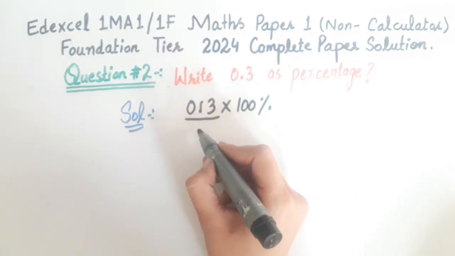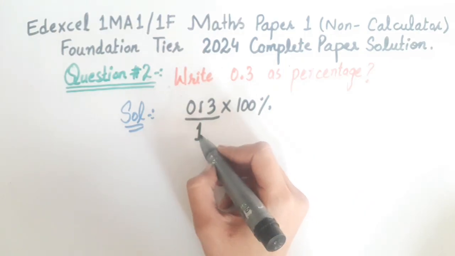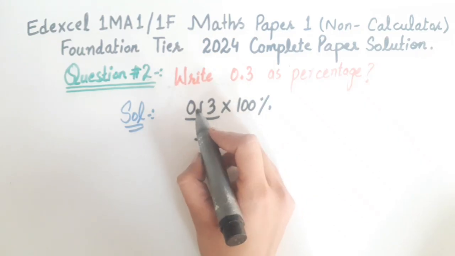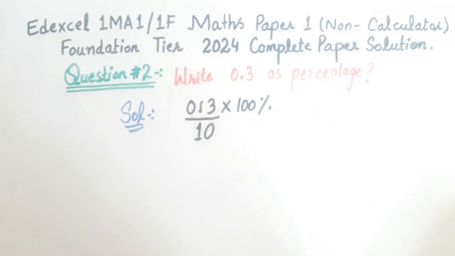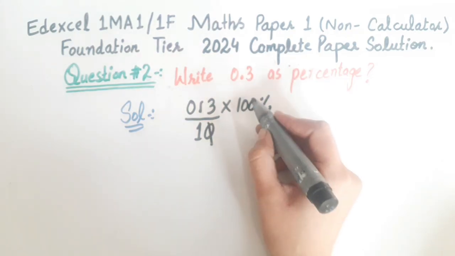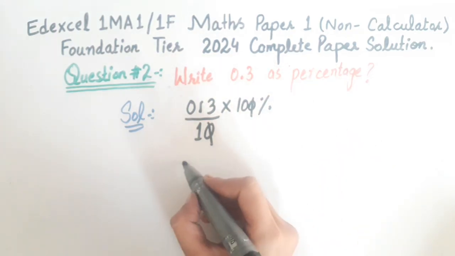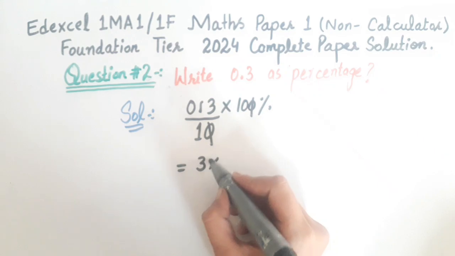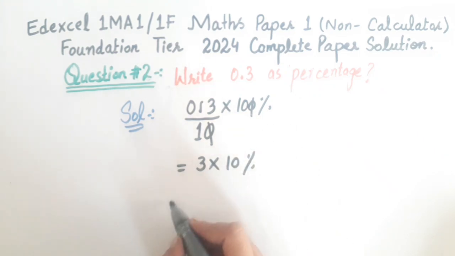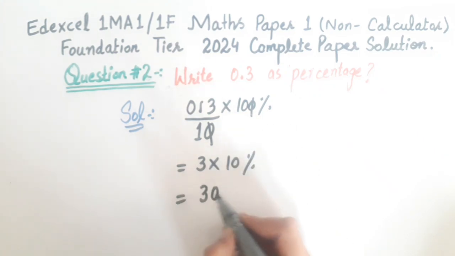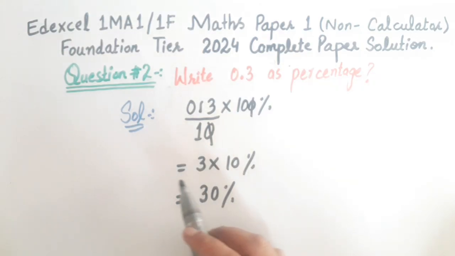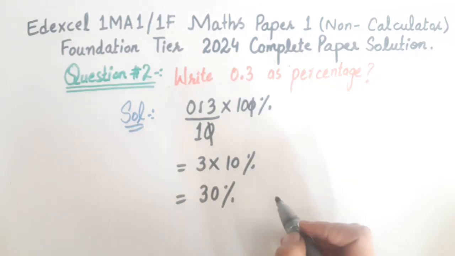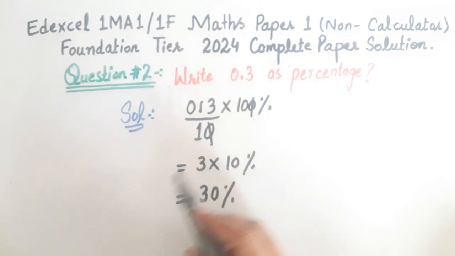In place of the decimal point, we will write 1 in the denominator, and the number of digits after the decimal is 1, so we will write only one 0. Now this 0 is cancelled out by this 0, and we get 3 multiplied by 10%. It means the final answer will be 30%. So total marks for question 2 is 1. If you write this, you will obtain the 1 mark.